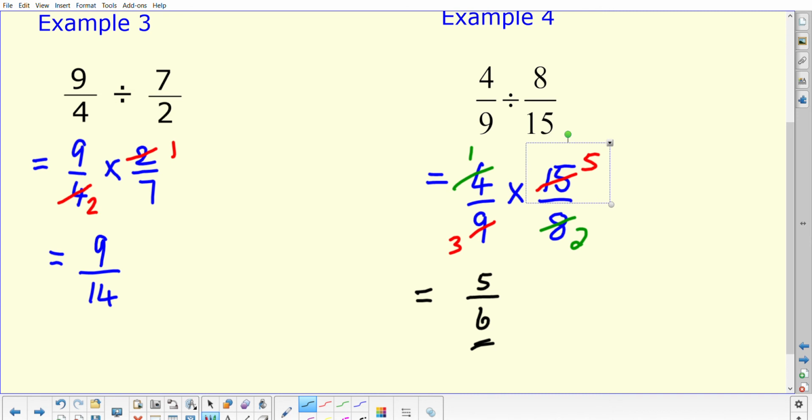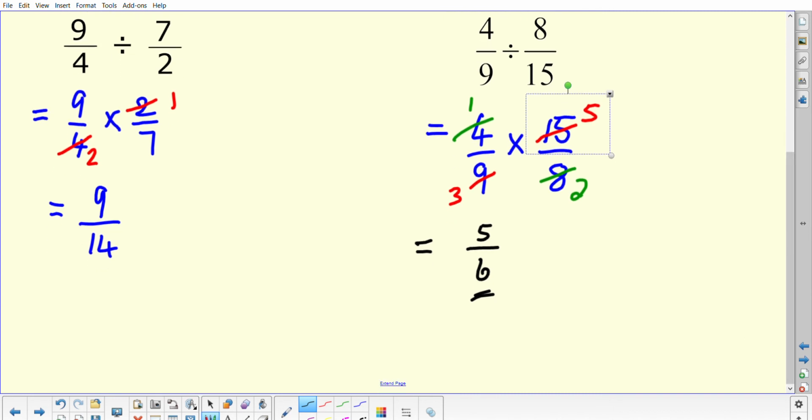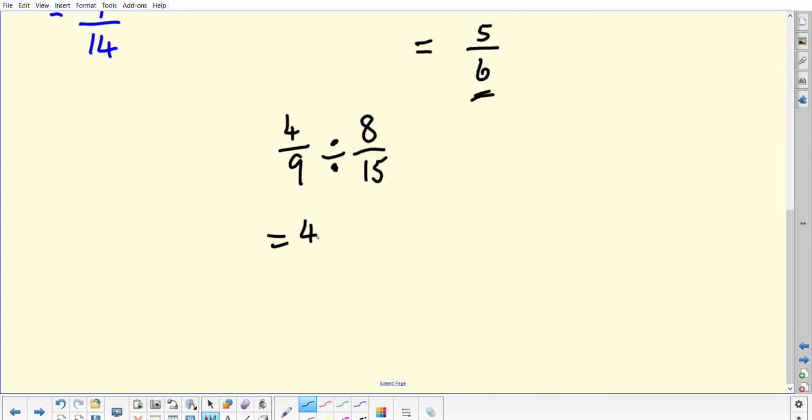So for example, with that last one, if instead you did 4 over 9 divided by 8 over 15, kept the first fraction, times, and then flipped, and then did 4 times 15 on the top, you'd get 60, and 9 times 8 on the bottom, 72.